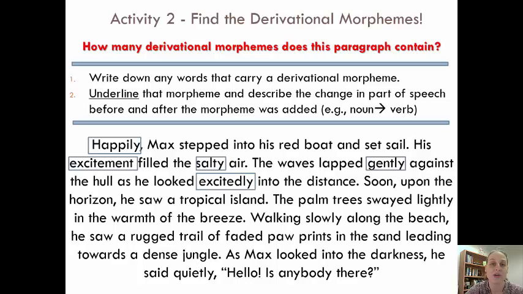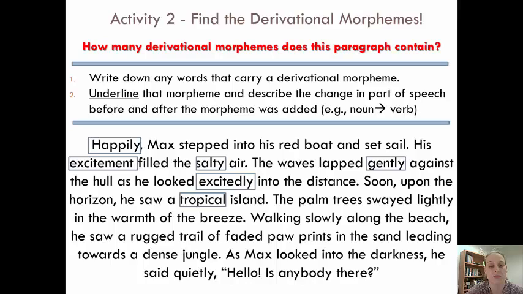Notice that when you're going to describe derivational morphemes in your linguistic project, you want to talk about the -ly being a derivational suffix that is added on to the root word, or other bound morphemes. We have tropical, so it went from tropic, which is an adjective, to tropical.